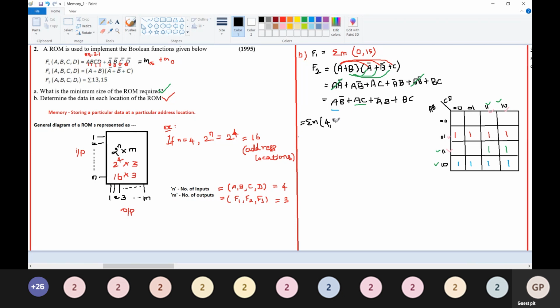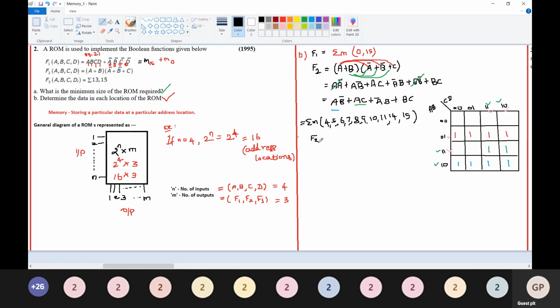Then 8, 9, 10, 11, 12, 13 is not there, and 14, 15. So these are the minterm values for your function f2.